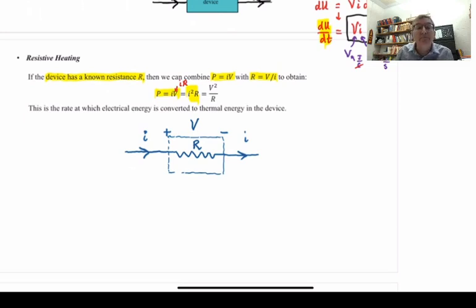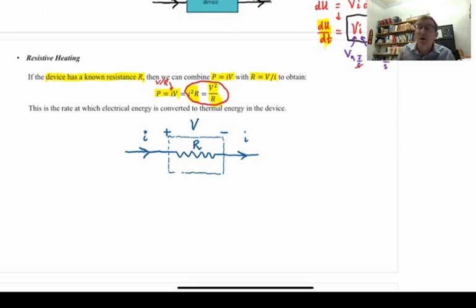What if I don't know I, but what I do know is the potential difference V? We'll then go back to the P equals IV formula and, using the definition of resistance, now solve it for I. I equals V over R. And substitute it in there for the I. And then you get just another version of the power expression, V squared over R. So they all say the same thing, but note, these last two forms are only if the circuit element is a resistor with a certain amount of resistance.